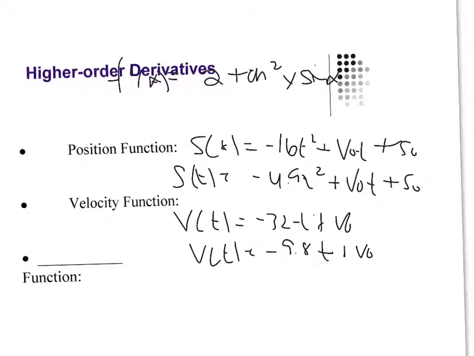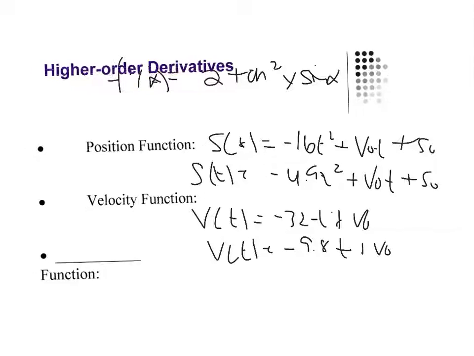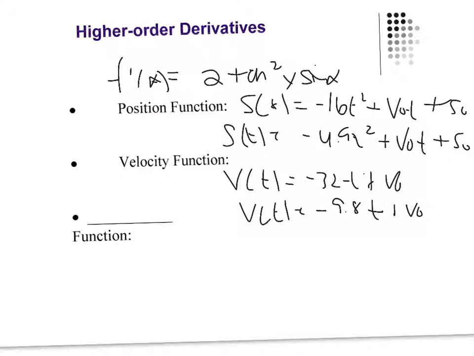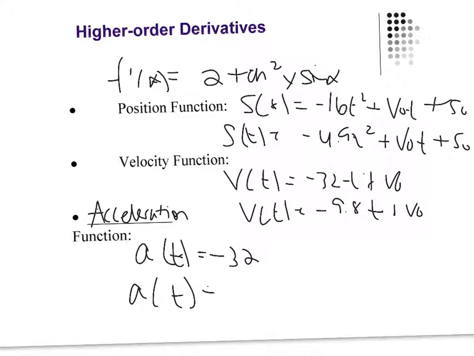What we didn't know before is that the derivative of velocity is actually going to be acceleration. So you can figure out if you're speeding up or slowing down at a certain point by finding the derivative there. So we're going to do a lot more application with that probably next week, but a of t for feet is literally just going to be negative 32, and for meters it's just negative 9.8.